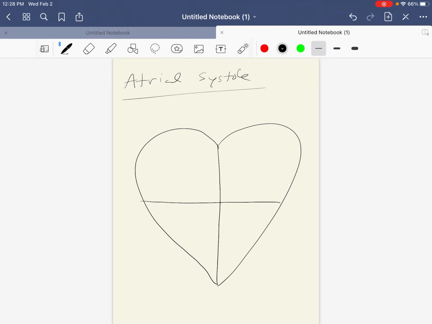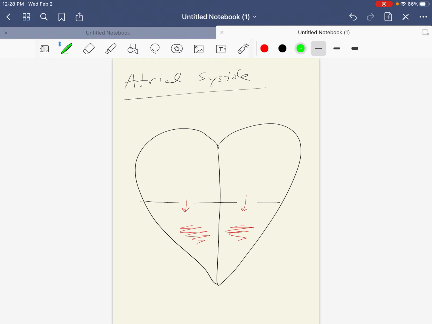So before we even start atrial systole, I want to remind you that there's some blood already in the ventricles. Even before we start atrial systole, there is some blood left over in the atria, and there's some blood in the ventricles because of the previous cardiac cycle.